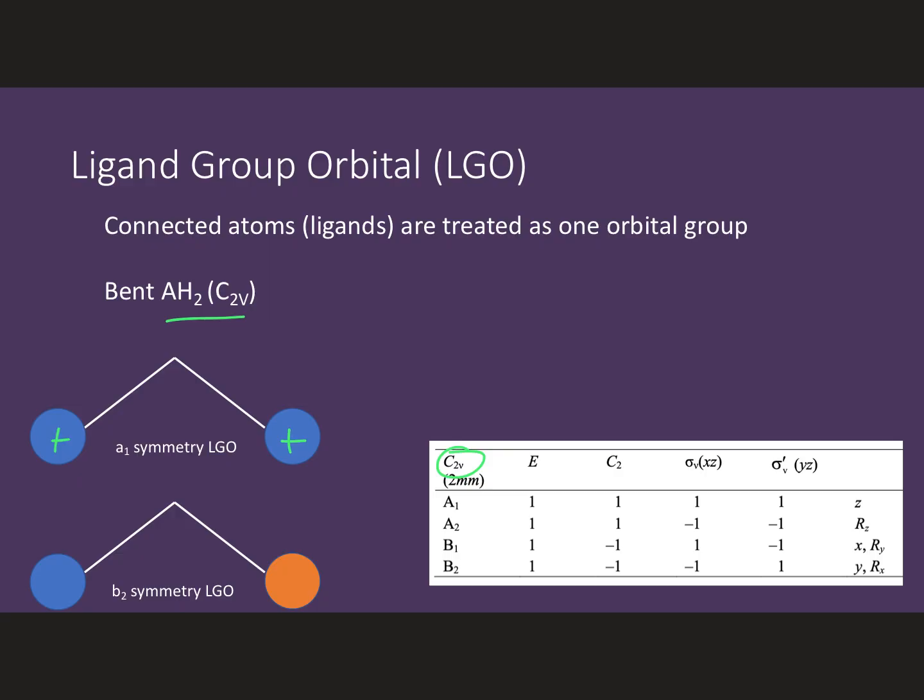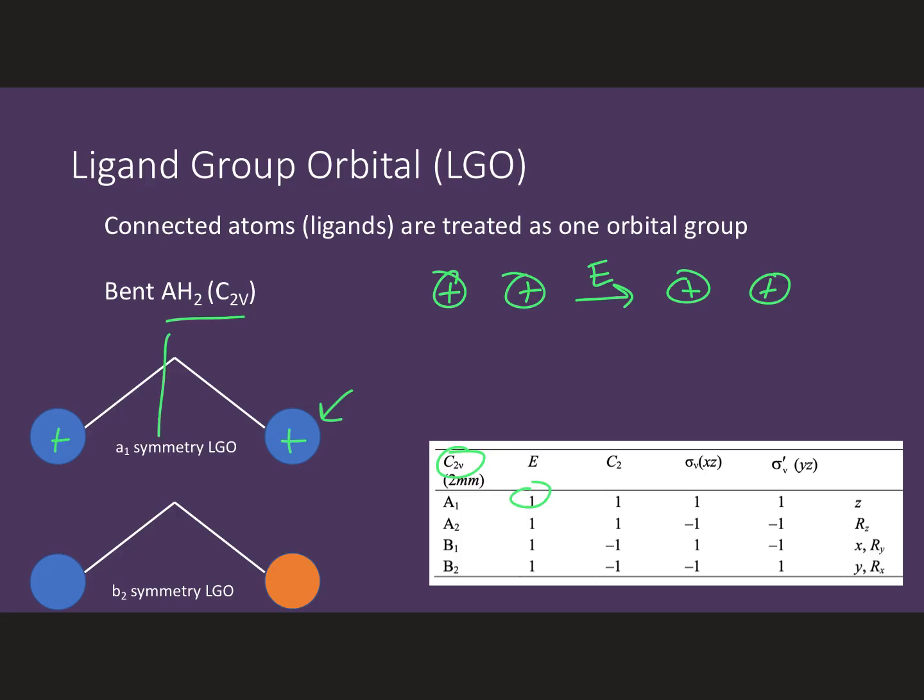at its character table. If I do the E operation, well, nothing's going to change. So if I look at the symmetry, the phase of my functions, doing an E, I go from positive, positive to positive, positive. So nothing changes here. We get a 1. Let's do now a C2 rotation.